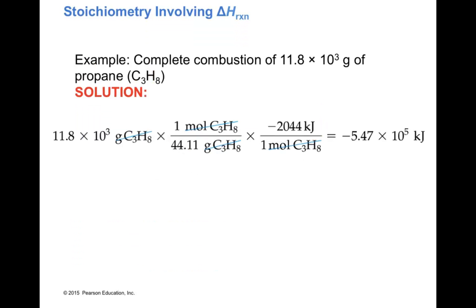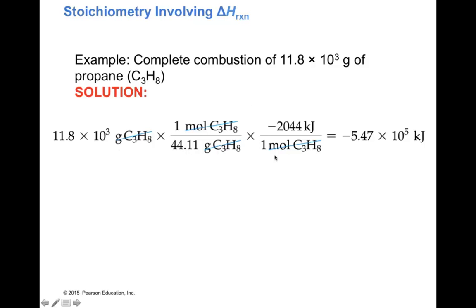So let's do the mathematical process here. We have the mass of propane and the molar mass of propane, so we can get the moles of propane, and then we change from moles of propane to kilojoules, the units of energy, because that was the question: how much energy will be released or obtained from that amount of propane?